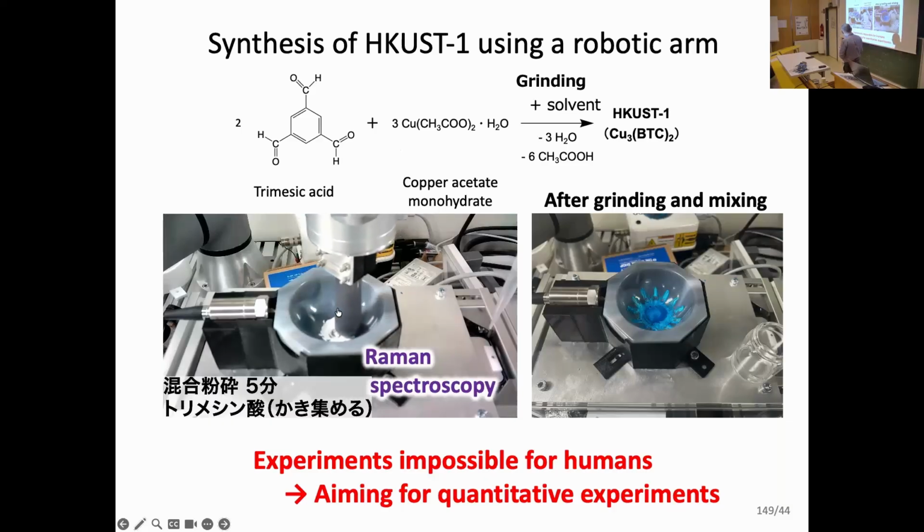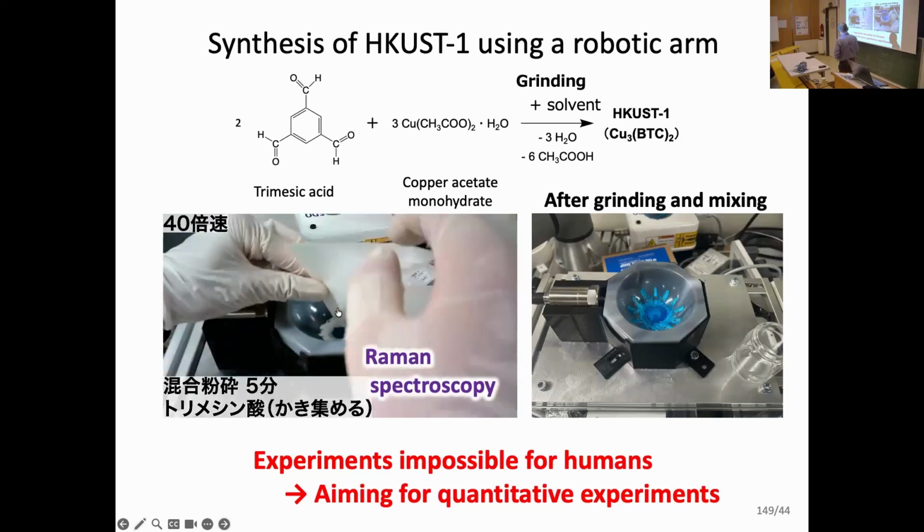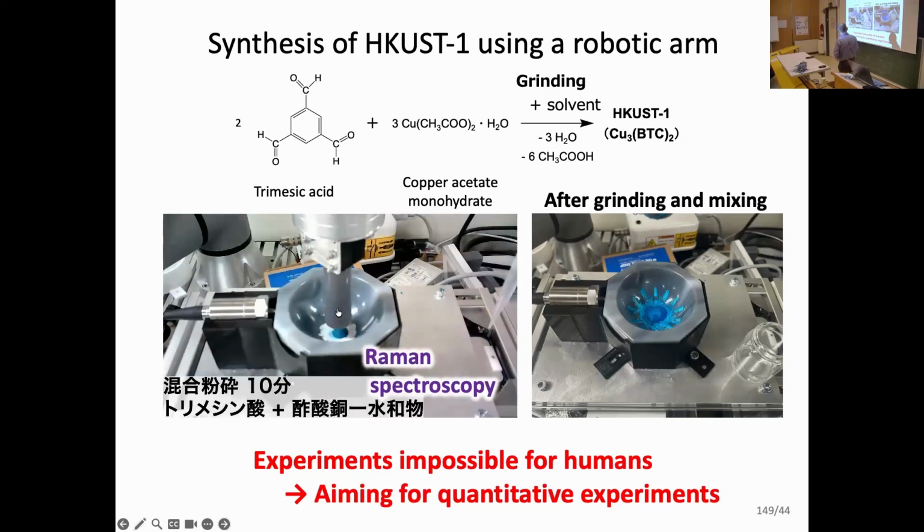Also there's a sensor here, and we can measure the vibration or the frequency dependence. Or we now have a glass mortar and pestle, and we can do optical measurement during grinding, or we can shine X-ray or UV for enhancing the chemistry.